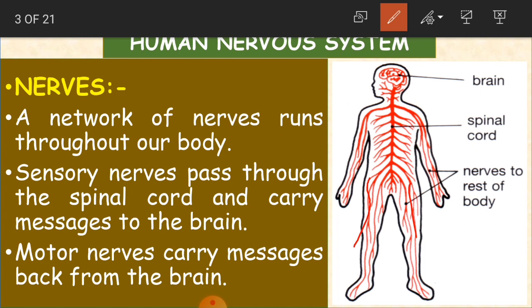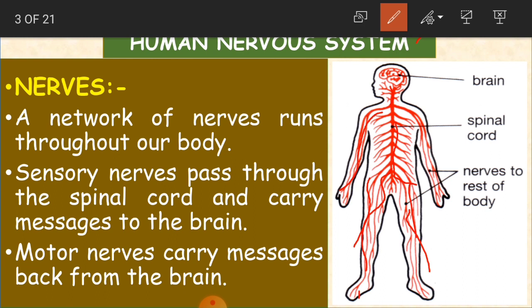They are connected to each other. All these nerves join here, and again from here all the nerves join, up to the top of our body, that is the brain. From the toe till the head, all the nerves form a network, connected with each other, and they run throughout our body.